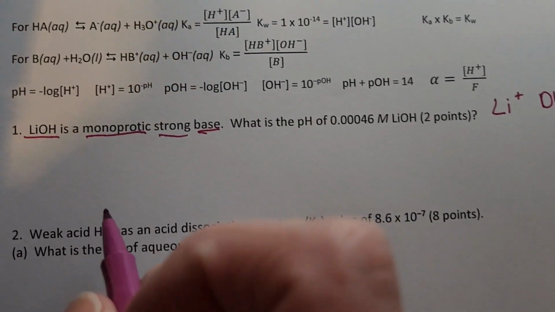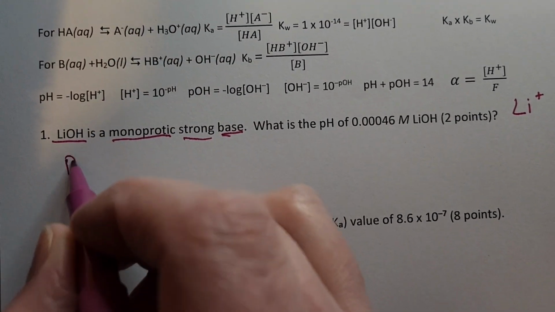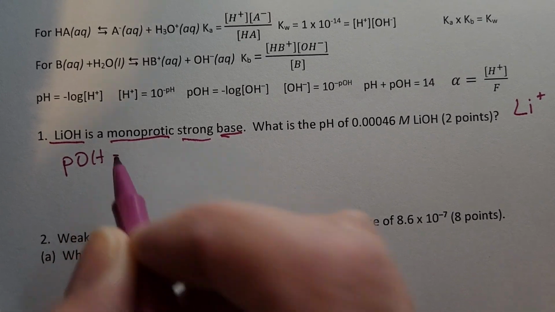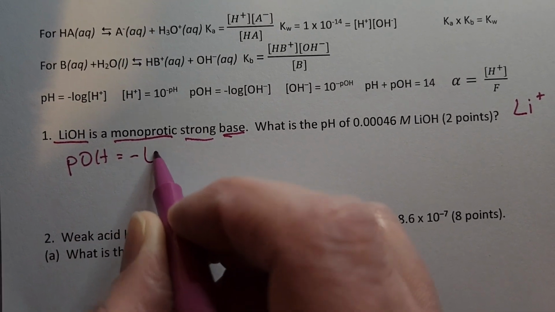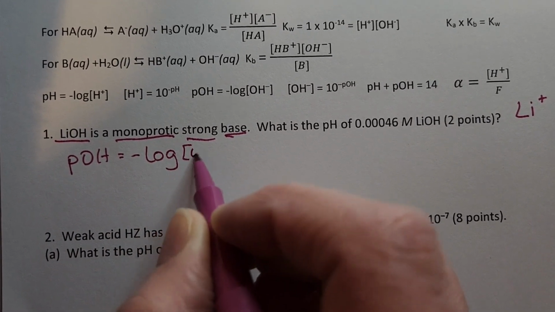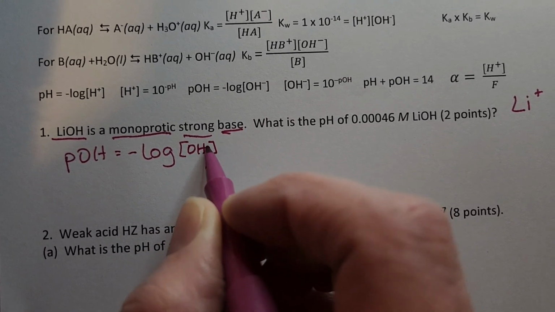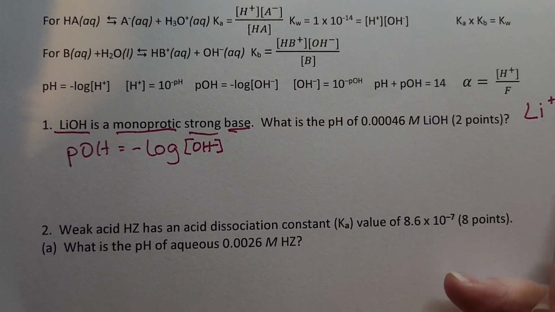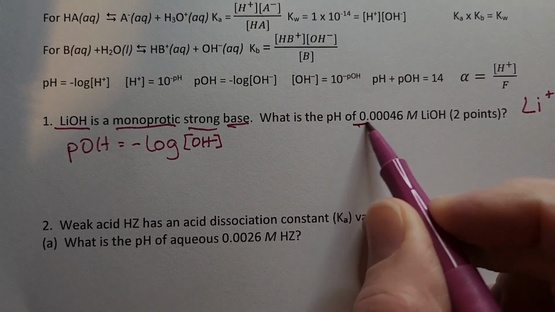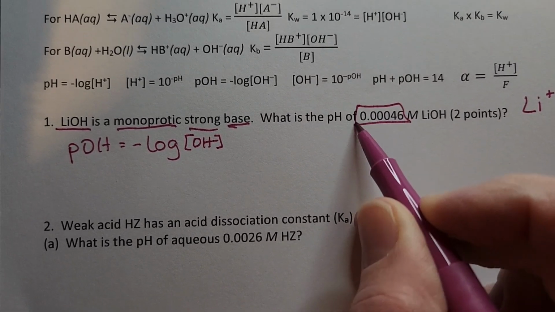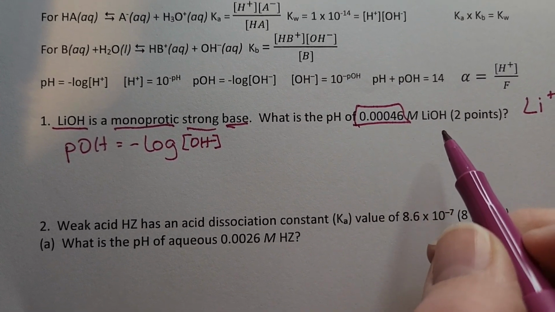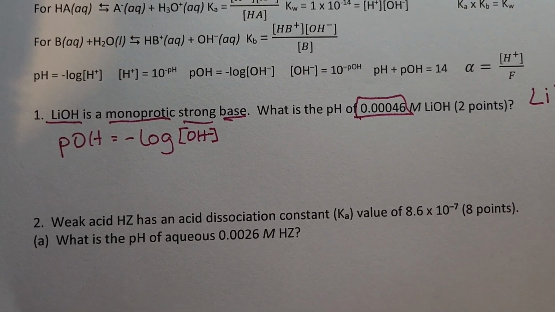So in order to find pOH, it is going to equal the negative log of our hydroxide concentration, which we have because that is going to equal what our molarity is, because this is a strong base, so it fully dissociates.